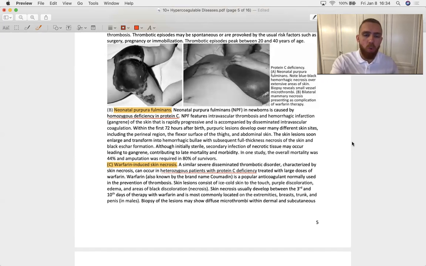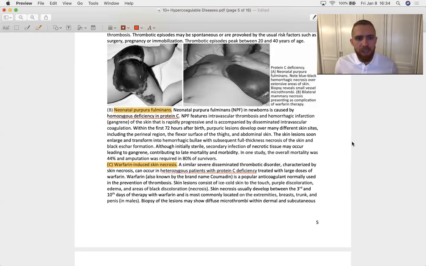That's really bad. So why are they getting this purpura? Well, because they've got small clots going into the small vessels that are close to the skin and preventing oxygen from getting to the skin, because the arterioles and the veins that go to and from the skin are going to be blocked off by clots. That's your skin necrosis in this setting.